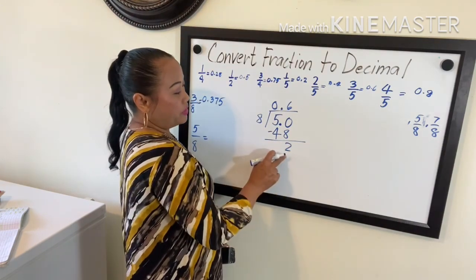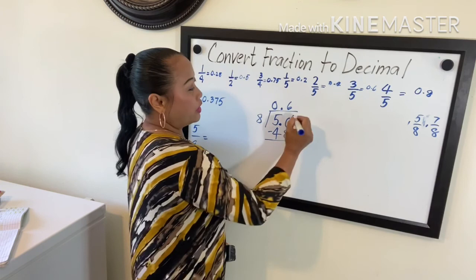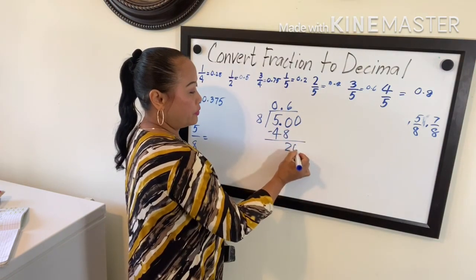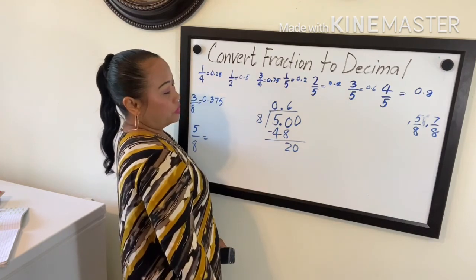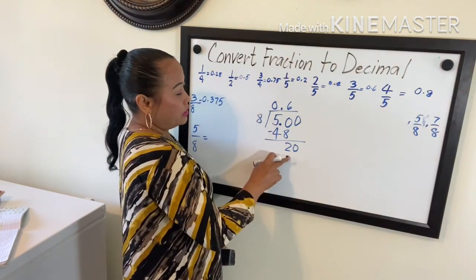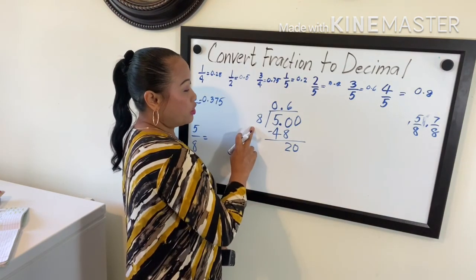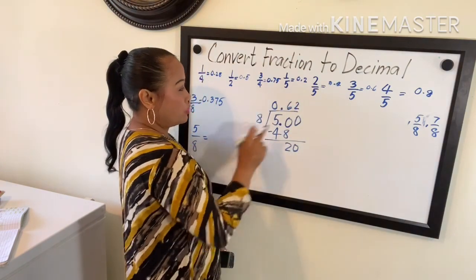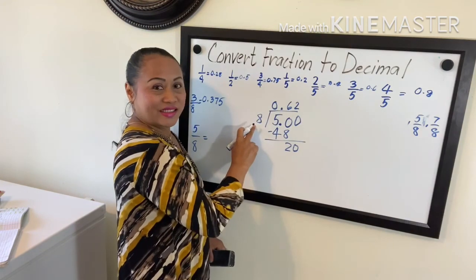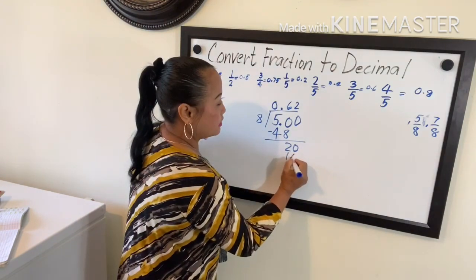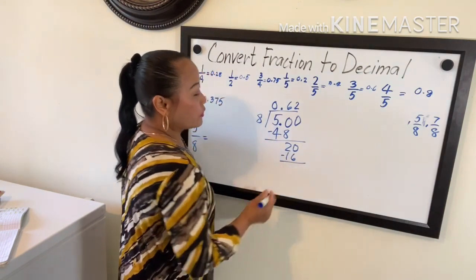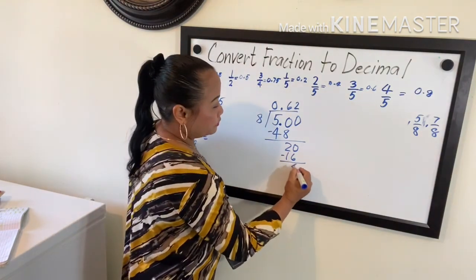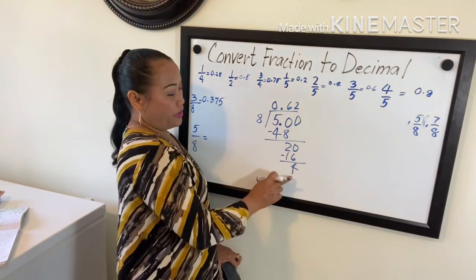So we have a remainder. We are going to add 0 into the dividend here and then bring it down. So 20 divided by 8 is, how many 8s in 20? There are 2. Now, 2 times 8 is 16. We'll subtract. 20 minus 16 is 4. We have a remainder.